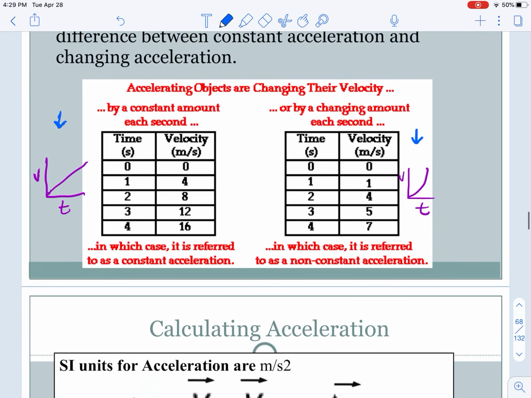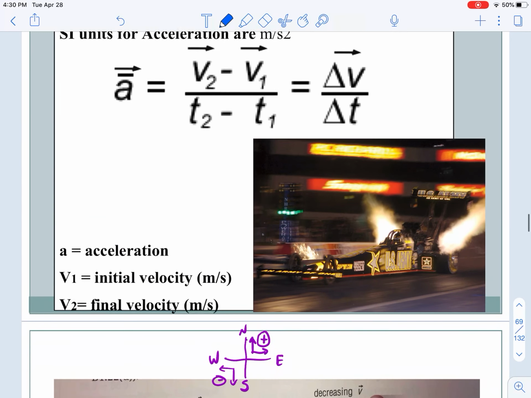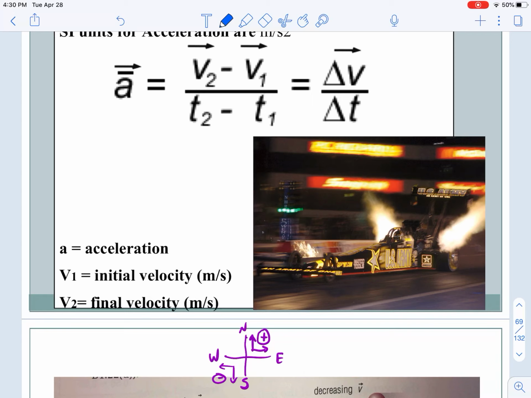So you can see that it's going to be a curved line if it's speeding up. And of course, if you had something where it was slowing down, it would curve the other way. So this is a speed up type of non-constant acceleration. This one is a slow down type of graph, and also non-constant acceleration.